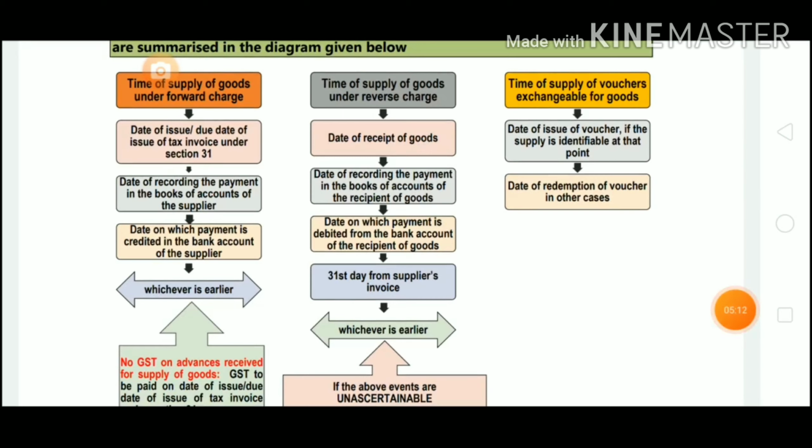Sorry, I was mistaken. If the supply is identifiable at that point, suppose it's given against this voucher or coupon, you can purchase a specific food item like pizza or burger or anything else, then in that case you will take date of issue of voucher. And in other cases, suppose it's given only that you can purchase food items, meaning any food items, in that case supply is not identifiable, then we'll take date of redemption of voucher.